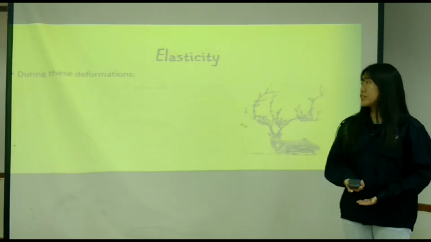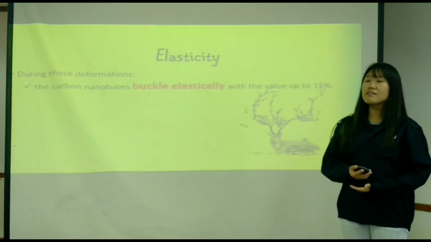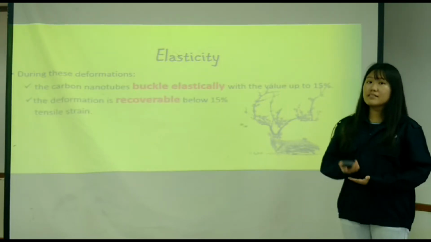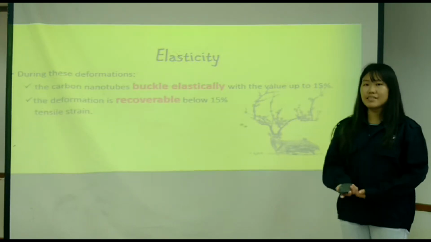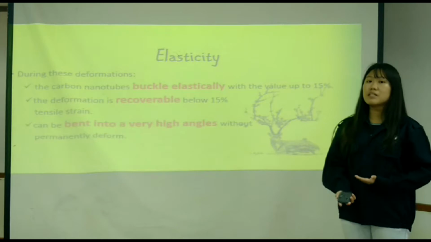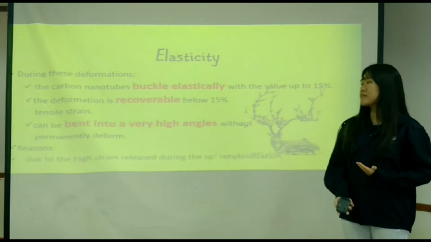During these deformations, the carbon nanotubes can buckle elastically, and if the tensile strain is below 15%, the deformation is said to be recoverable, and it can definitely be bent to very high angles.